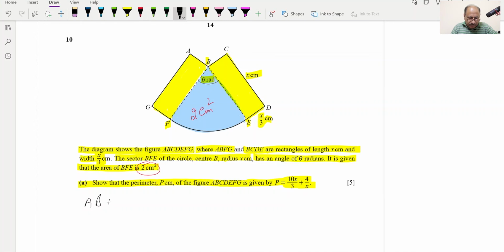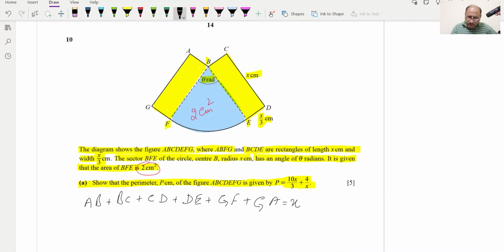AB plus BC plus CD plus DE plus, again we have to go to FG or GF, and plus GA also. 1 2 3 4 5 6 sides. We have to add all these 6 sides.